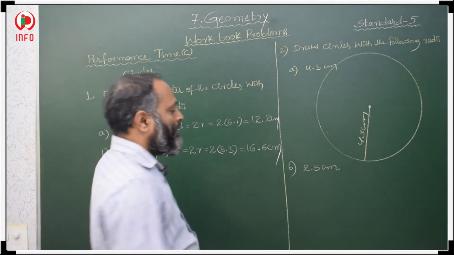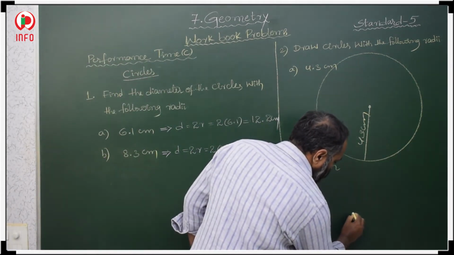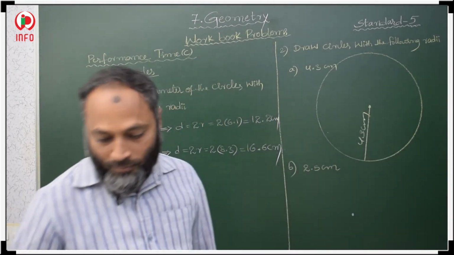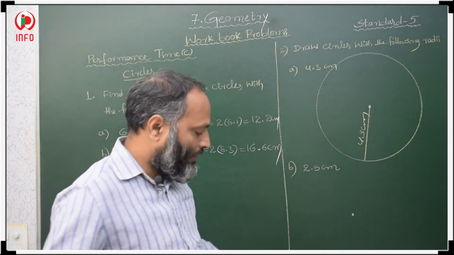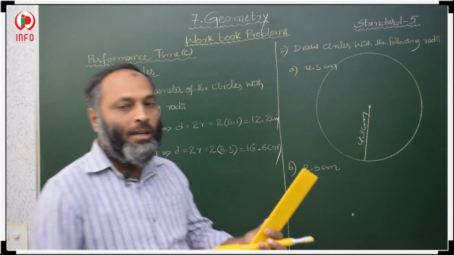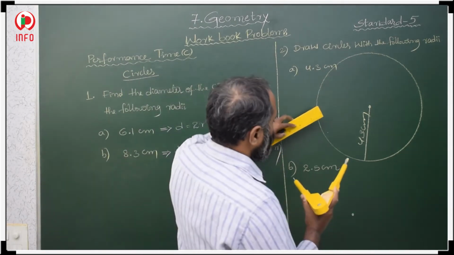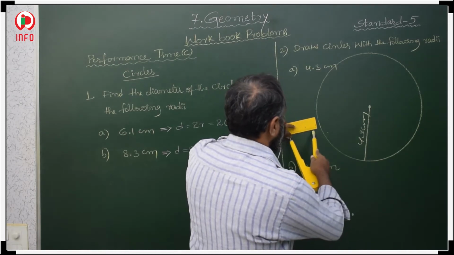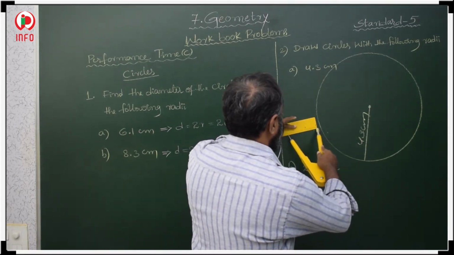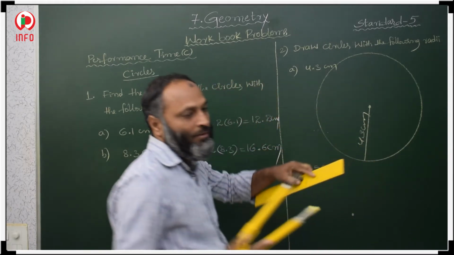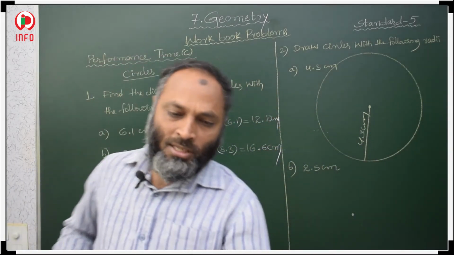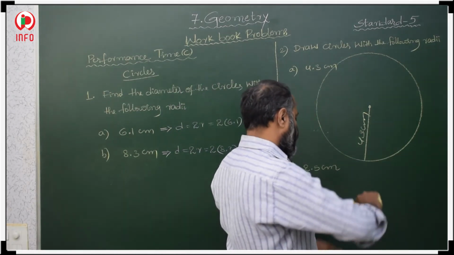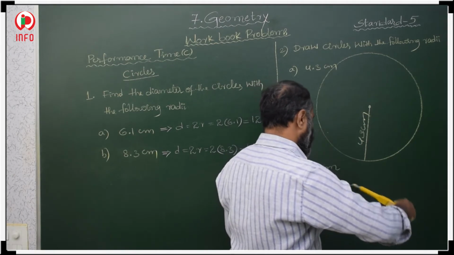First we have to mark a point. After that, take a length of 2.5 with the compass and a ruler, and calculate your length. Then keep your sharp end on this point and rotate.